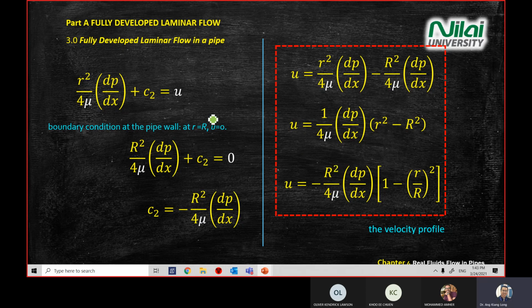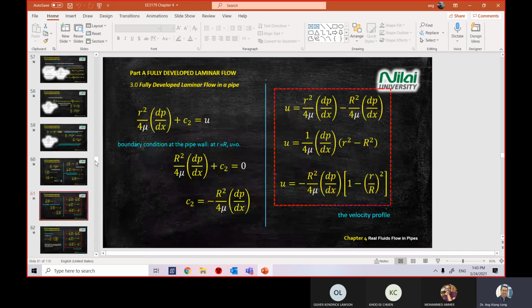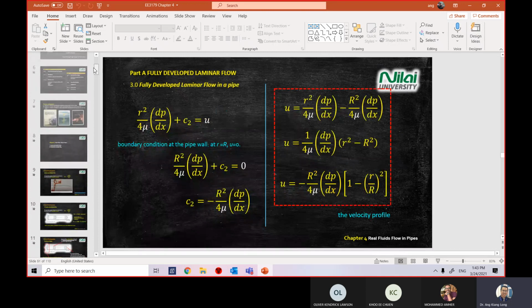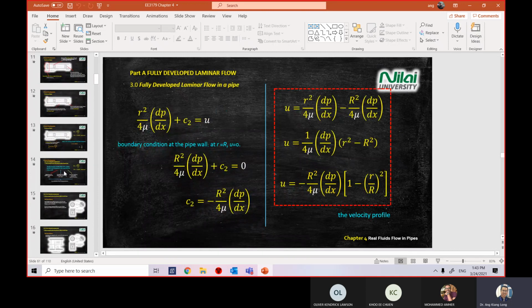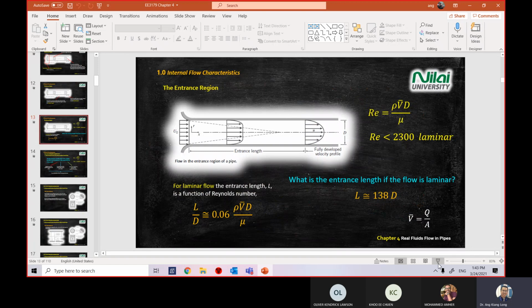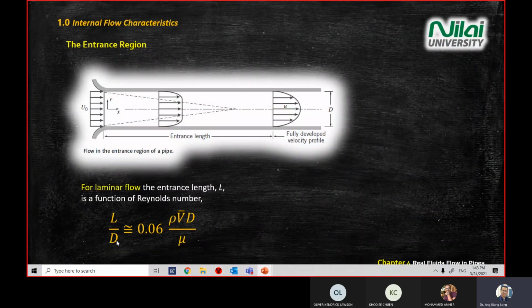Again, recall that when we mention fully developed, there's one particular slide that we always begin with at the beginning of this chapter, with the equation L over D equal to 0.06 Reynolds number.